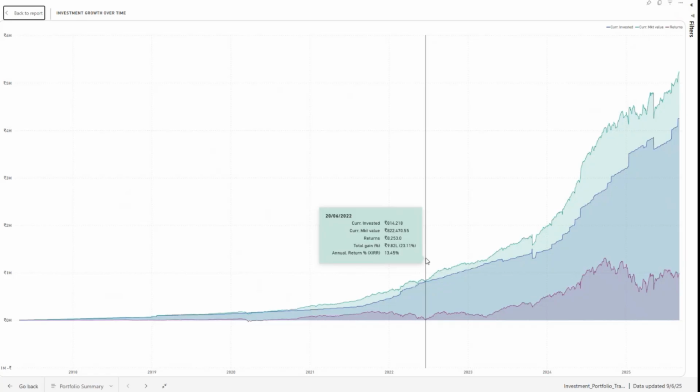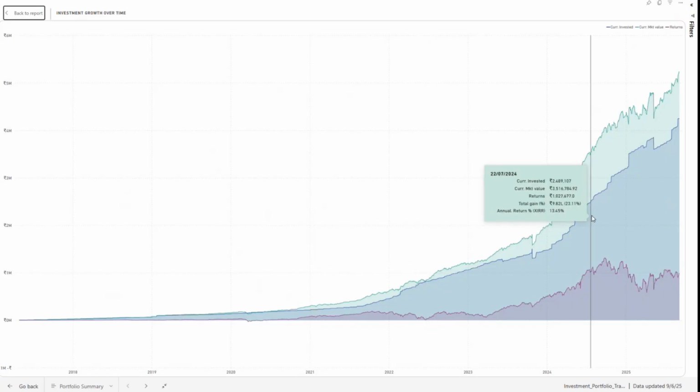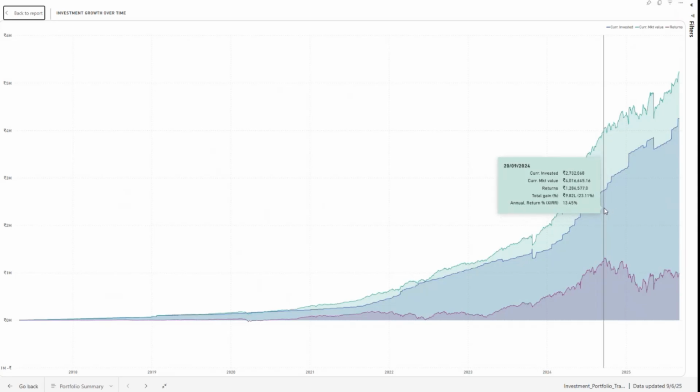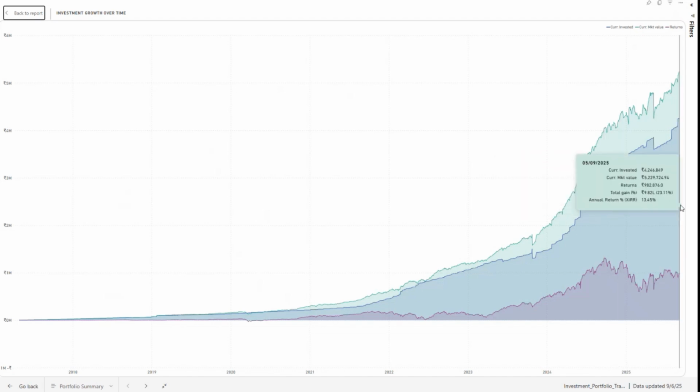From that time, from 2020 onwards, my returns gradually increased, and at one point of time it reached 12 lakh, and then came down. Now it is 82 lakh.